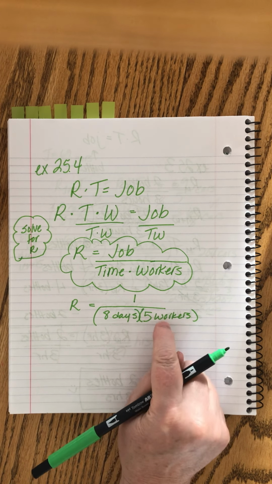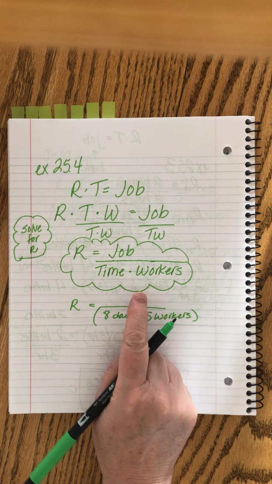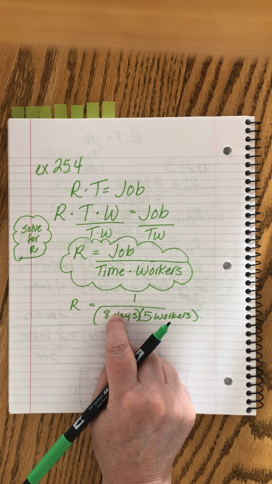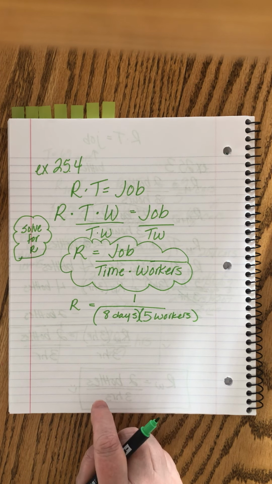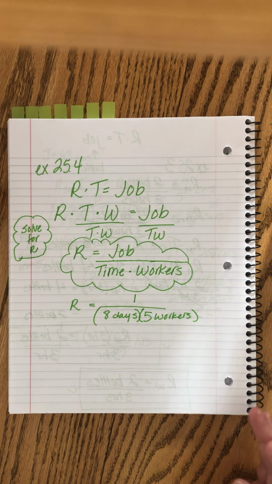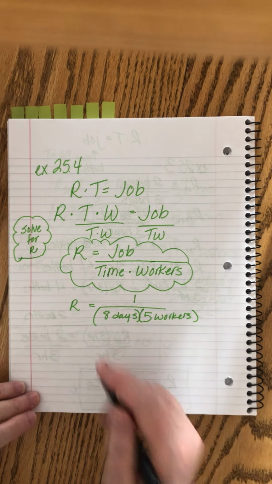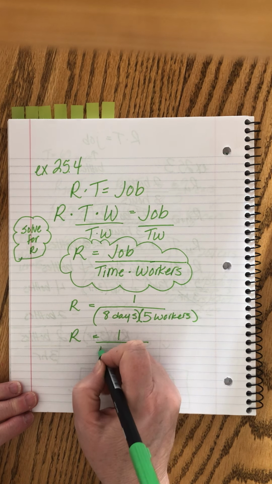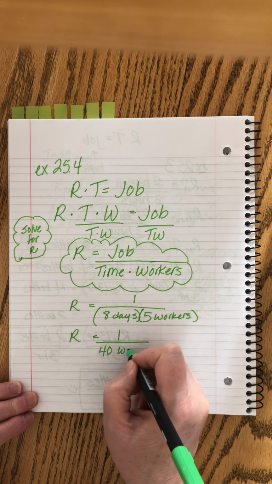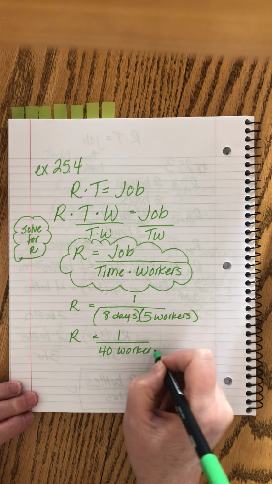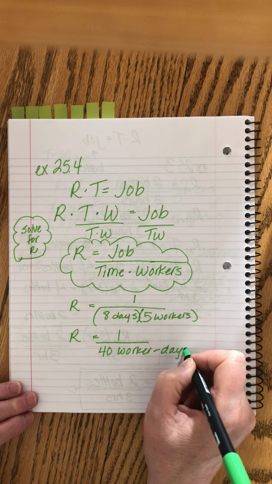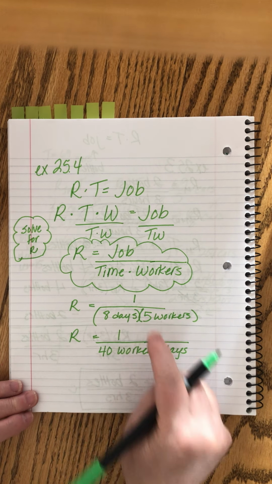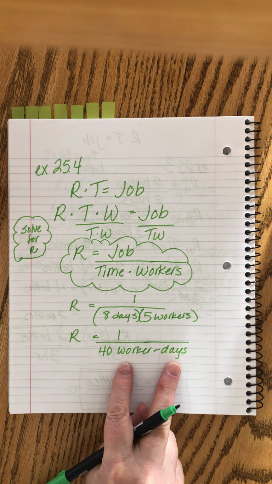If 5 workers can do 1 job in 8 days, how many workers would it take to do 3 jobs in 7 days? Okay, hold on. We're gonna get to that, but I'm gonna fix up my rate just a little bit more. My rate equals 1/40 worker days. That's the way we want to write this. I multiply those 2 together and I call them worker days.